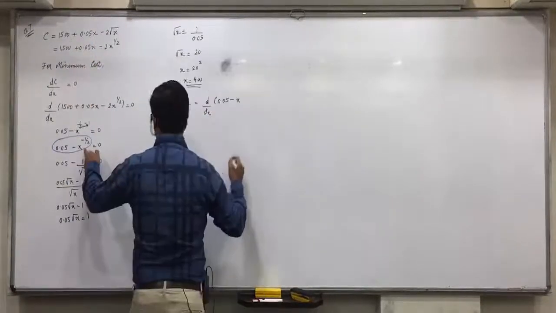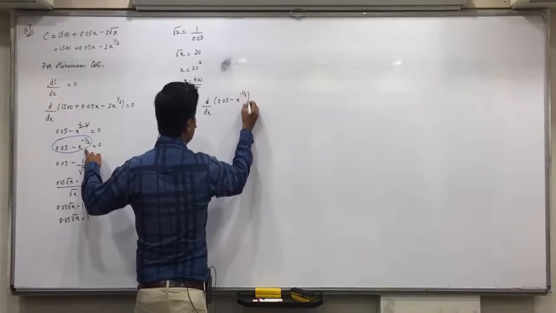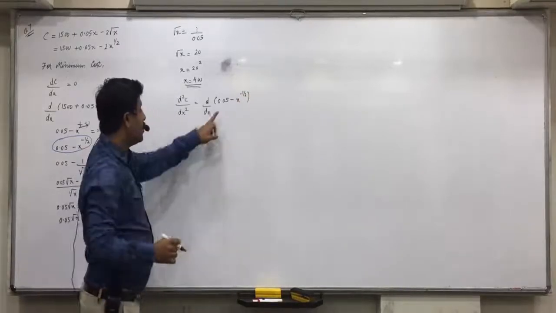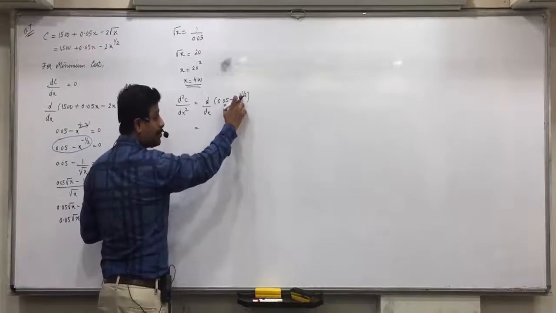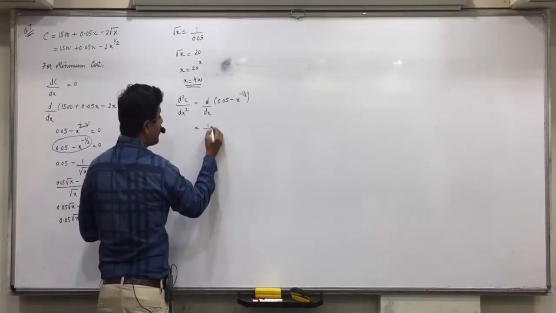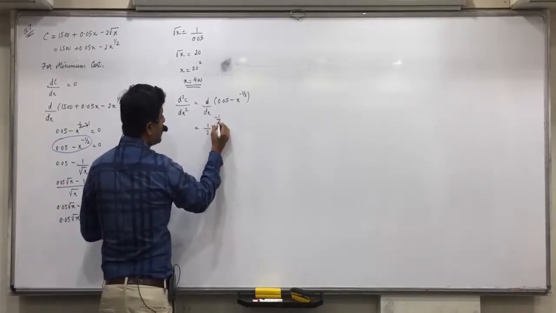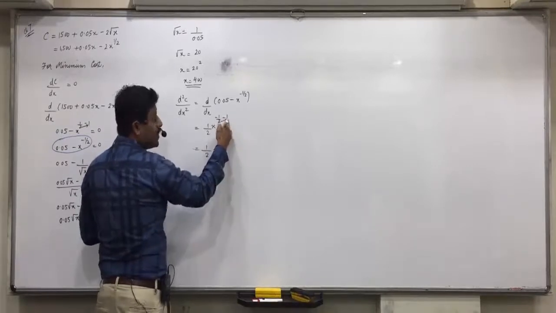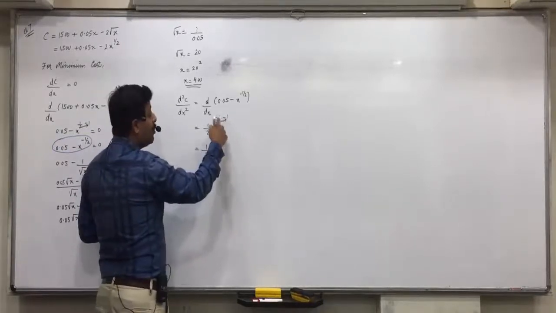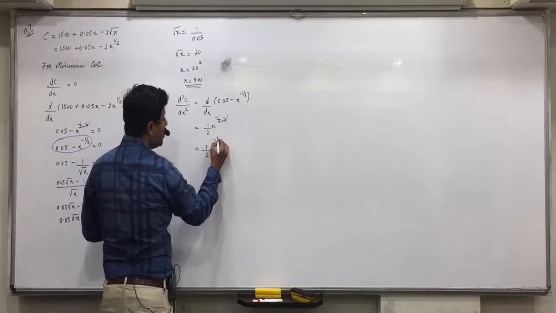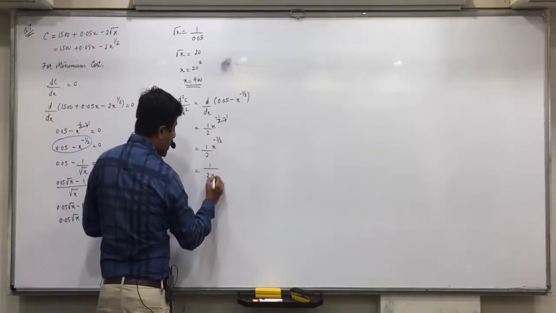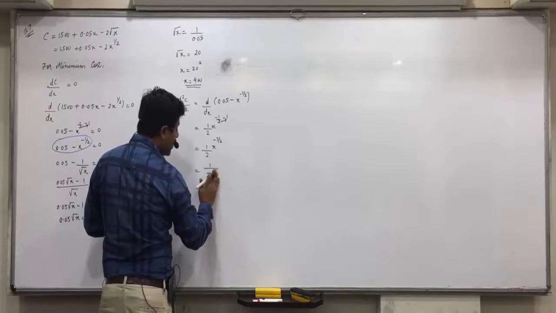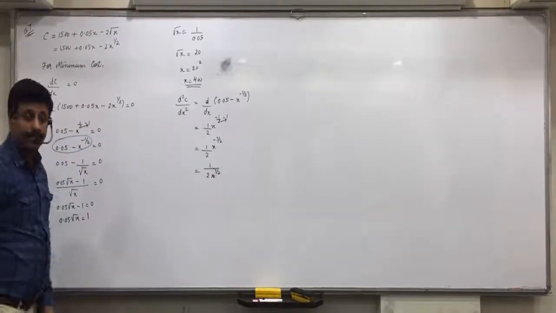Say properly. Minus x raised to minus 1 by 2. This becomes 0. Minus into minus plus half, x raised to minus 1 by 2 minus 1. Now 2 into 1 is 2. Minus 1 minus 2, minus 3 by 2. So 1 upon 2 x raised to 3 by 2. Do you understand this?